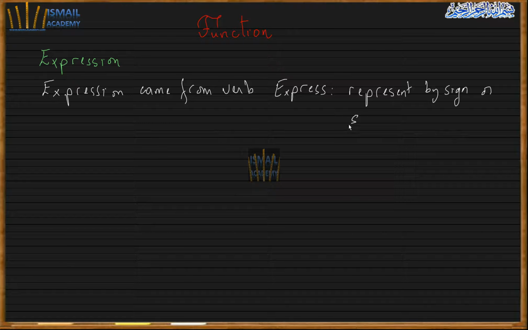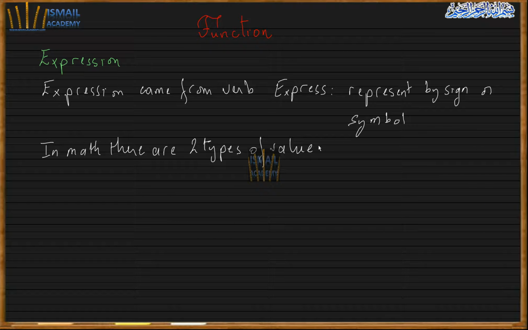In math we have two types of value: known value or unknown value.